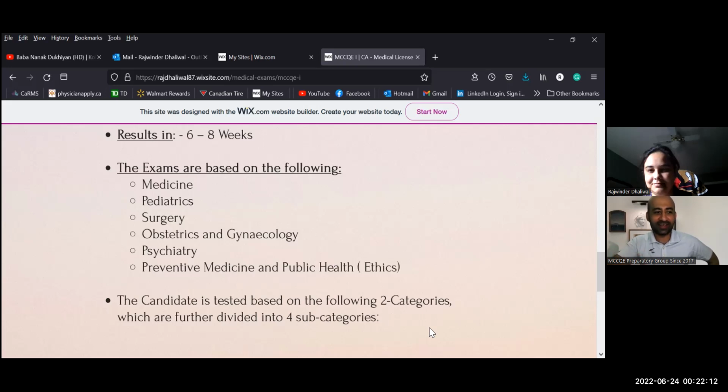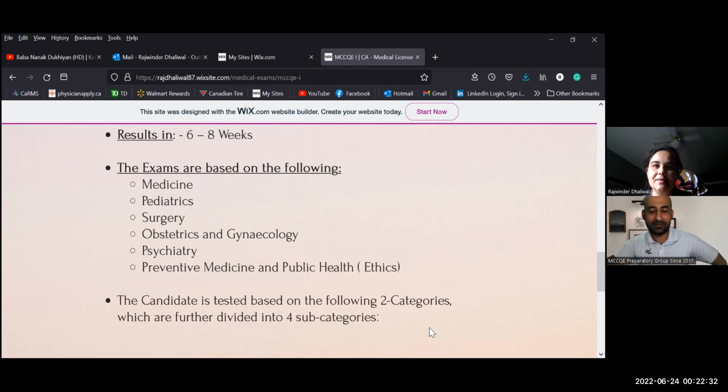So sometimes in the exam, you really cannot tell that 30 questions are coming from here, 20 are coming from there. I really do not believe that it's accurately divided. Maybe I'm wrong, but this is how I felt.